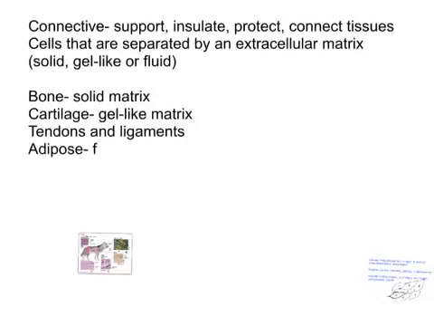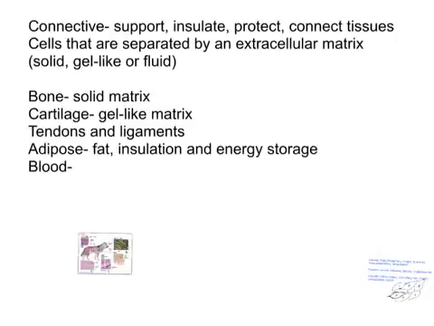That's fat, and that's meant for insulation and energy storage. Again, a gel-like, semi-solid extracellular matrix. And then finally we have blood. Blood is a connective tissue with a fluid extracellular matrix.